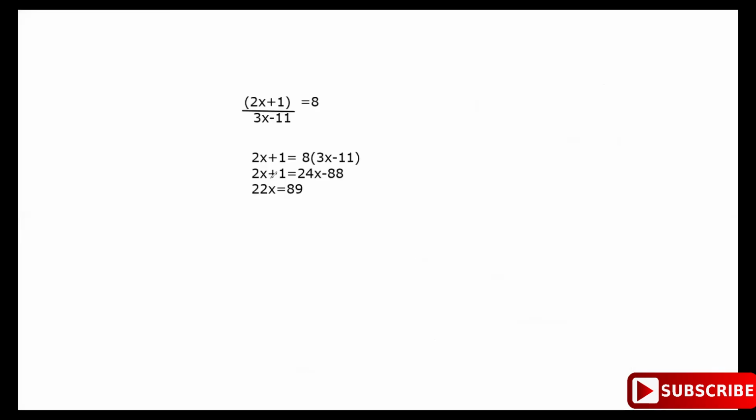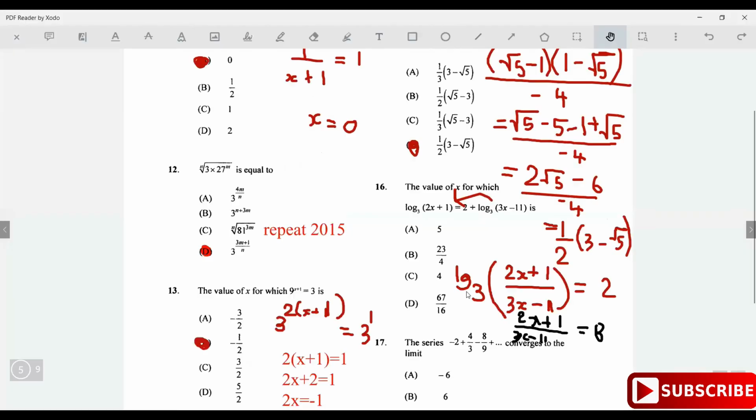So 22 over x is 89. So x is equal to 89 over 22. Can this be simplified? Something looks filthy right here. Let me go back and see. This is, okay, I see what was filthy.